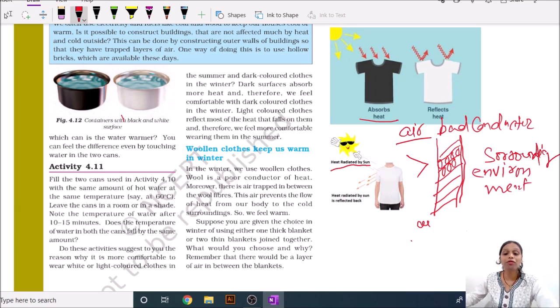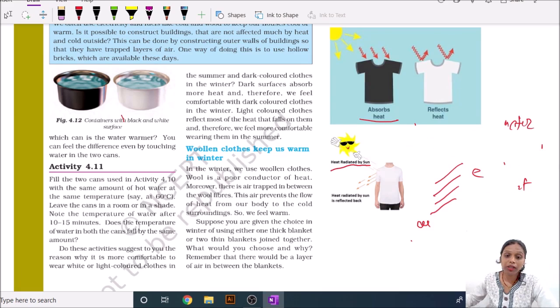That's why we feel warm whenever we use woolen cloth in winter season.